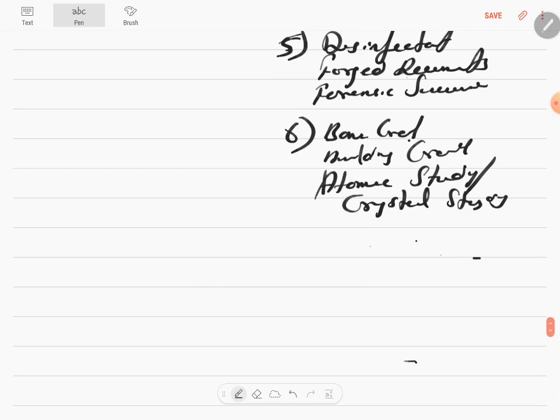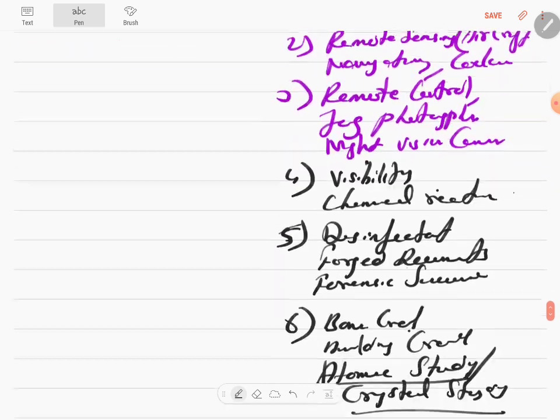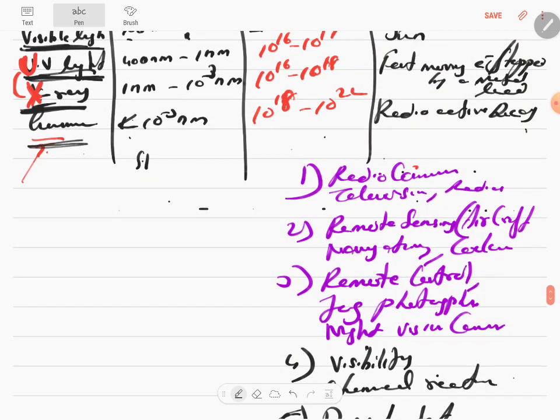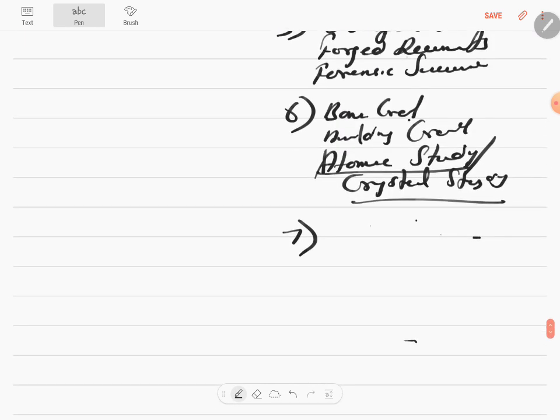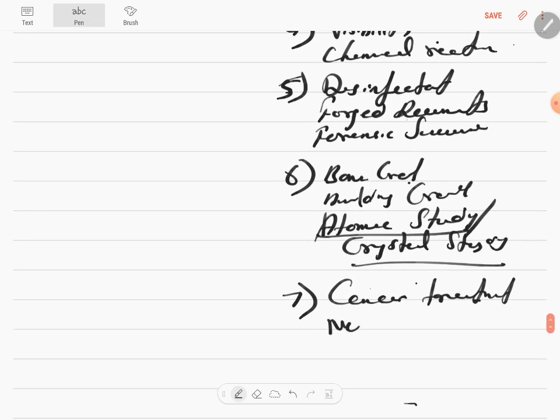No. X-rays is what is used in atomic structure or crystal study. I hope you are clear. So X-ray is done. Next is gamma radiation. What is the use of gamma radiation? Gamma radiation is used in cancer treatment. And also gamma radiation is used in nuclear decay, so nuclear study. So these are the applications.